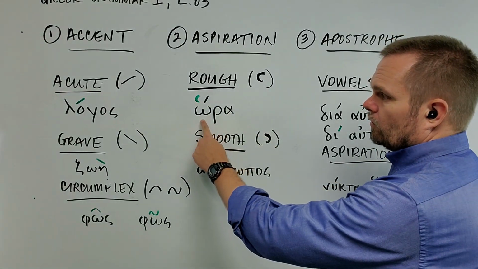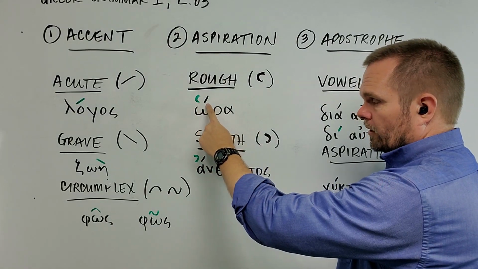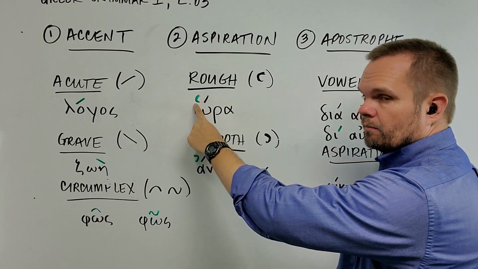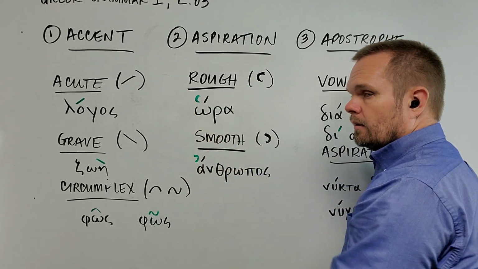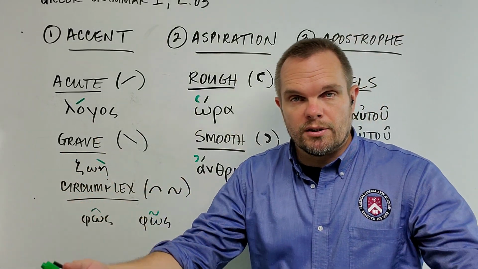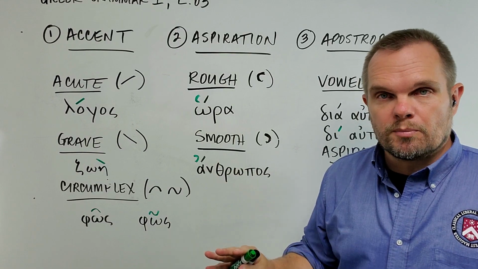It's a symbol written above a letter, just like an accent mark, and there are two kinds. There's rough breathing, which means there's aspiration, and there's smooth breathing, which means no aspiration.